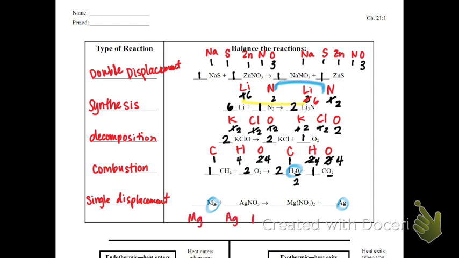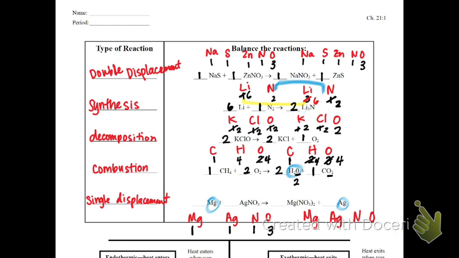AG, N, and O. MG, AG, N, and O. All right, how many do we have on the left? 1 MG, 1 AG, 1 N, 3 O's. All right?